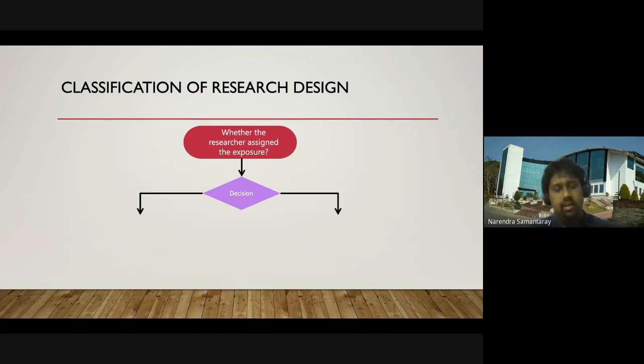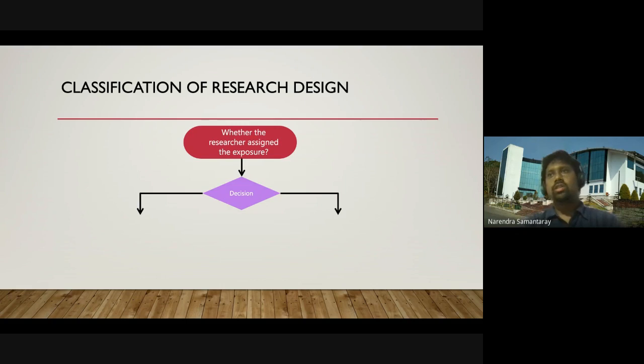At a broader context, research design can be divided in two ways: one is quantitative, the second is qualitative. Today we're doing the quantitative part. In the quantitative part, the main differentiation between experimental and observational study lies in the question of whether the researcher assigned the exposure.